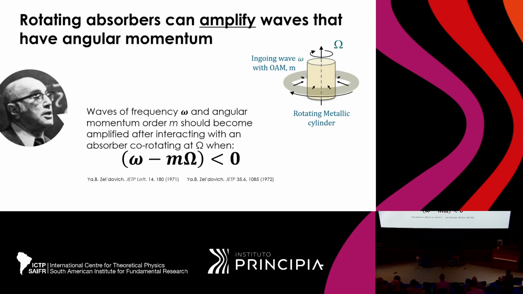It can be orbital angular momentum or spin angular momentum. So basically your light has some sort of twisting mode. And if you fulfill this condition here, so if the frequency of the electromagnetic wave is smaller than the frequency of the mechanical rotation, which is a tricky regime, because with light you would need to spin this at, I don't know, 10 to the 14 hertz. So that is super fast, and that's why no one has measured this.